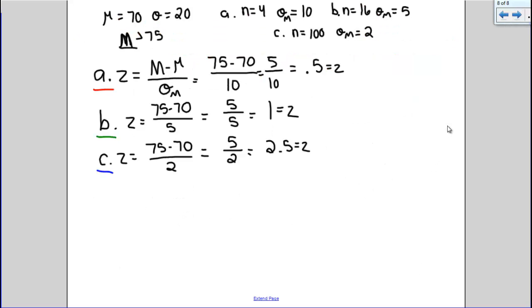Now let's find our probabilities. So in all of these cases, we're looking in the tail. So we're going to find our probabilities here. All right.